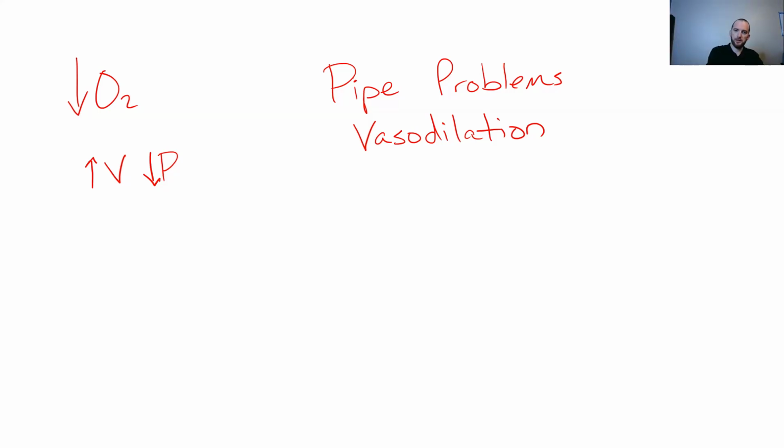So pipe problems are vasodilation problems. The umbrella term, where the category is called, is distributive shock. All of these examples that we're going to go through are distributive shocks. There's a problem with distributing that blood flow throughout the body because their blood vessels are too big.